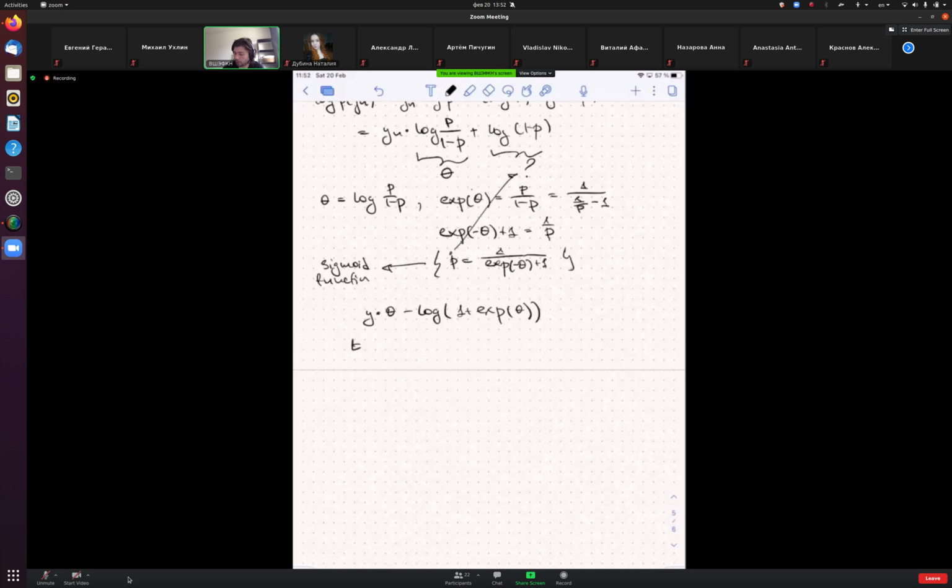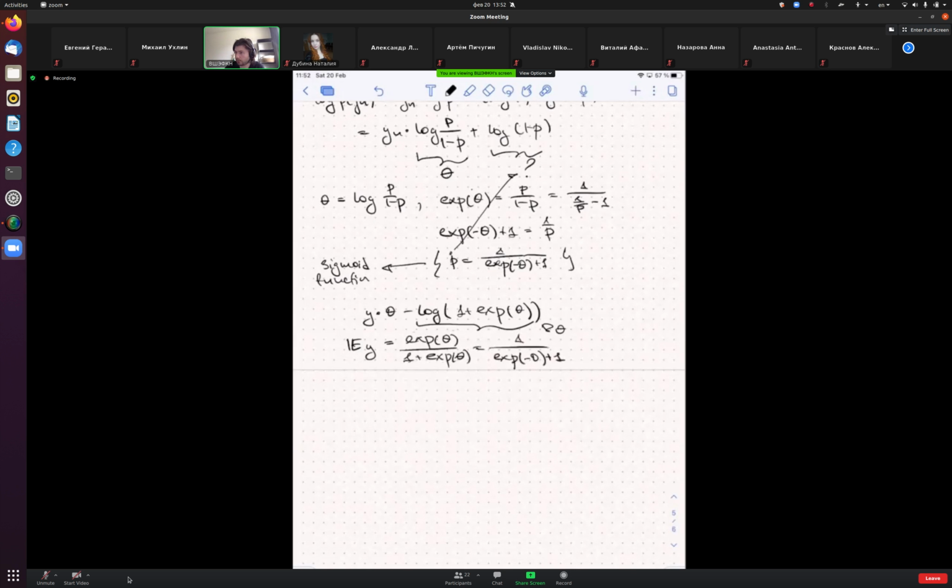Then again, we could model the mean value of y as this, the derivative of this term. So it will be the exponential of this guy and above. And again it's equal to the sigmoid function.